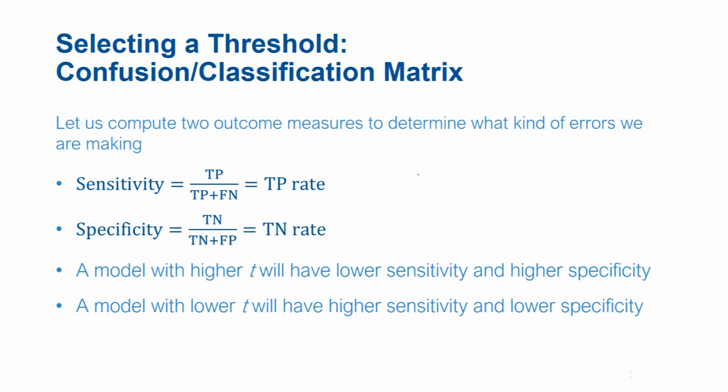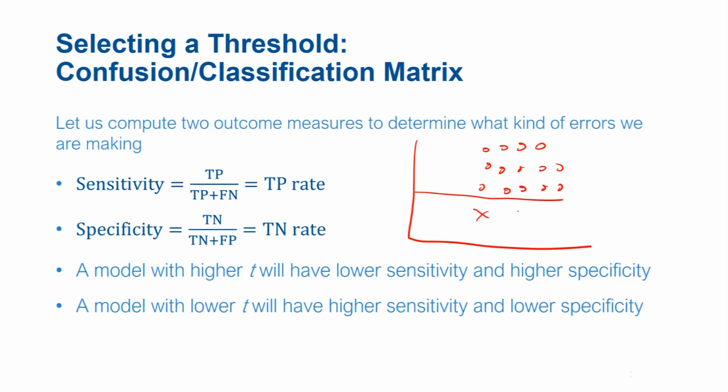Recall that diagram from the tau thresholding discussion where we said that, let's say, these zeros are our defaulters, and these crosses are non-default cases.